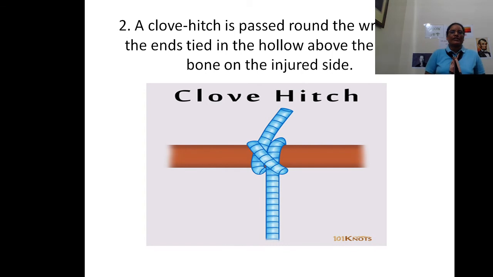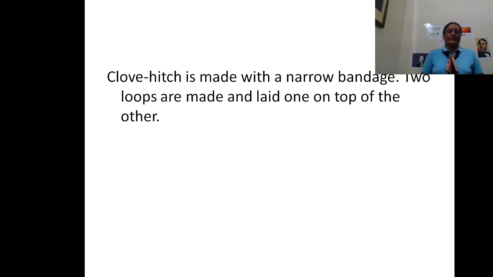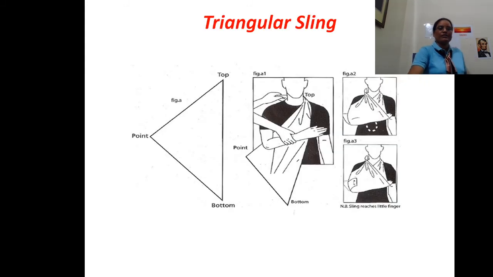Then a clove hitch is passed around the wrist and the ends tied in the hollow above the collarbone on the injured side. A clove hitch is a kind of knot which we use to restrain the patient when he or she is admitted in the hospital to prevent injury. A clove hitch is made with a narrow bandage. Two loops are made and laid one on top of the other.